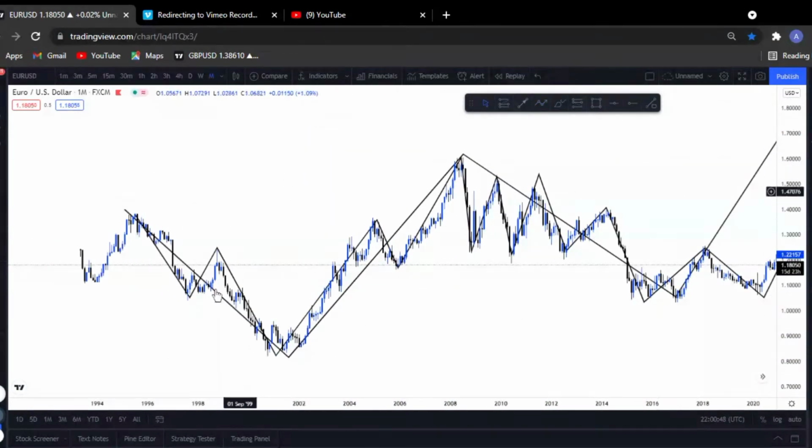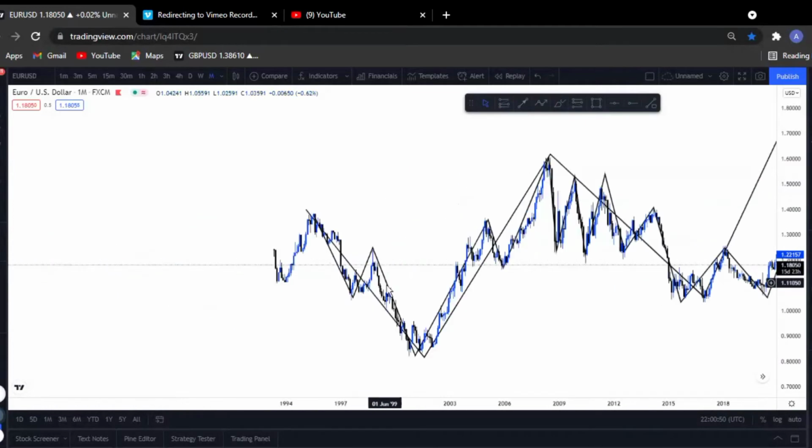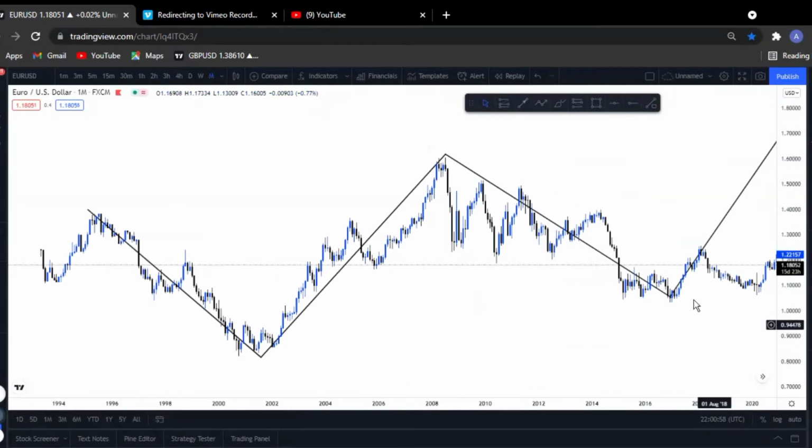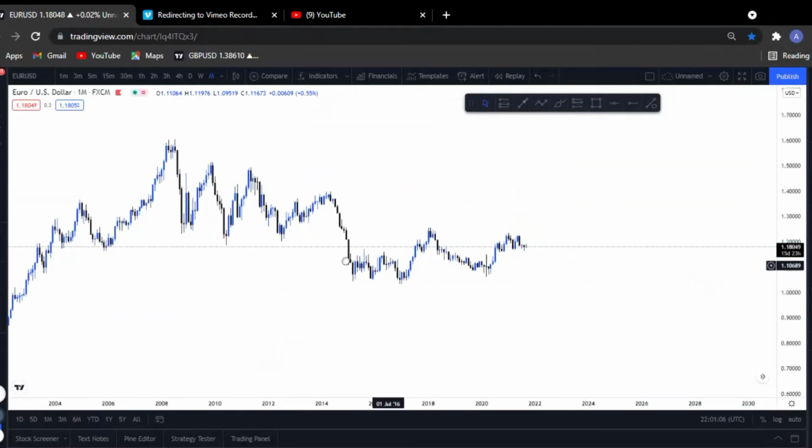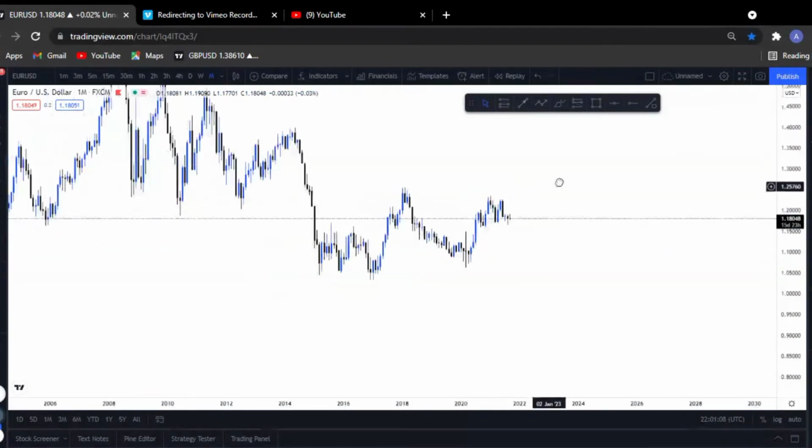So even inside all the structure, we have more microscopic structure playing out inside every structure. Because this is a monthly time frame, we still have the weekly, daily, 4 hour, an hour, 30 minute, even much smaller time frames. So what we are really concerned about is the most recent price.